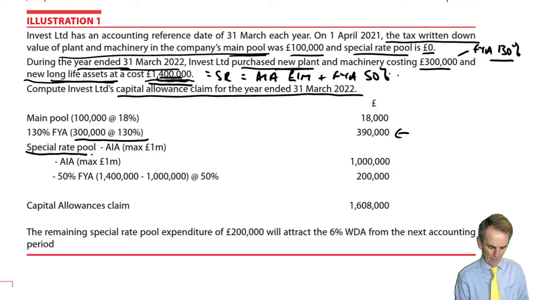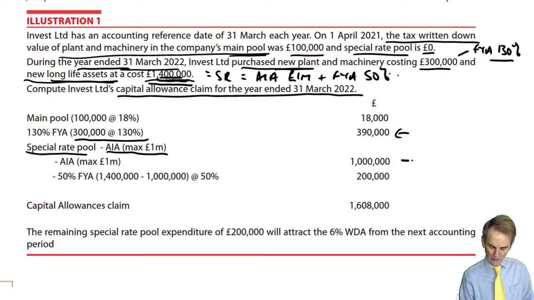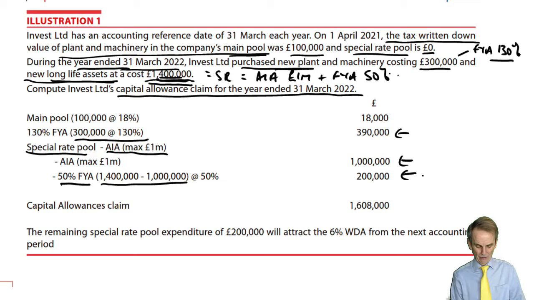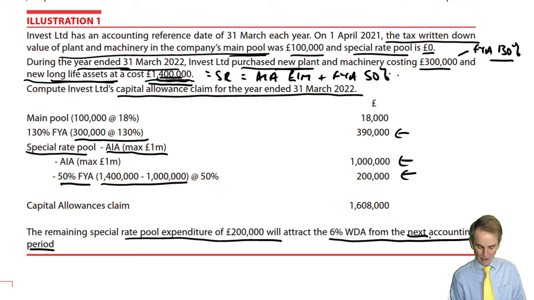Now our special rate pool expenditure, but of course we're governed by that maximum AIA of 1 million. So we take the 1 million, on the excess of 400,000 a 50% FYA, and there's your £200,000 first year allowance. That remaining special rate pool expenditure of 200 would attract the 6% WDA from the next accounting period, so there's nothing else here.